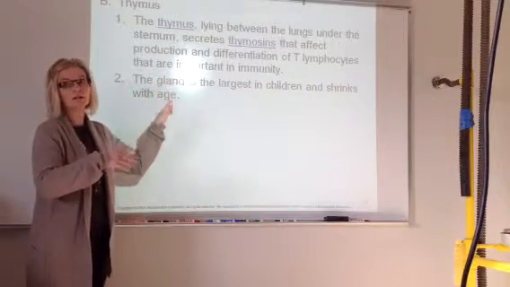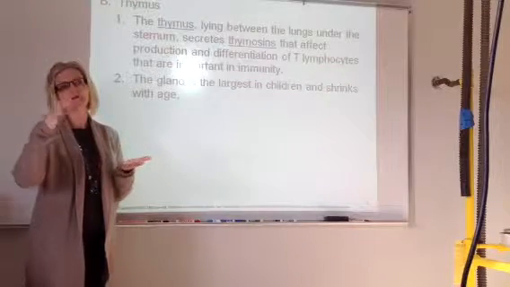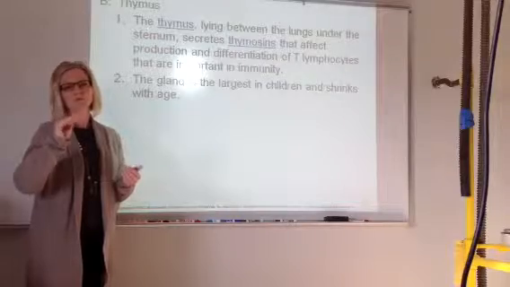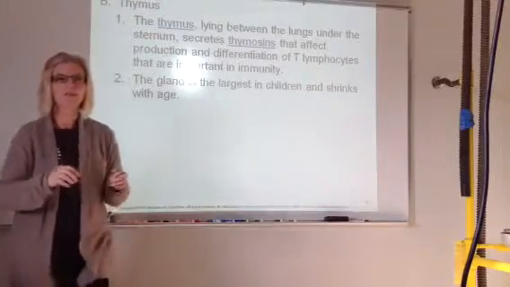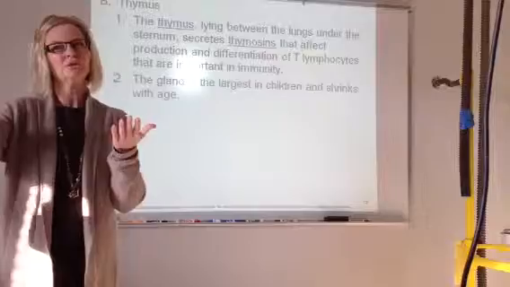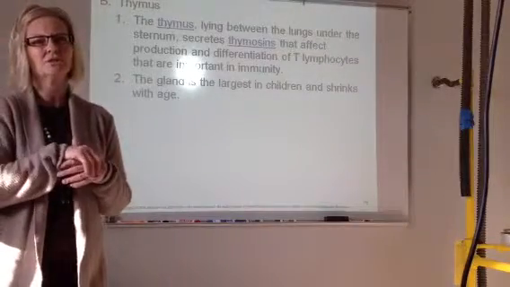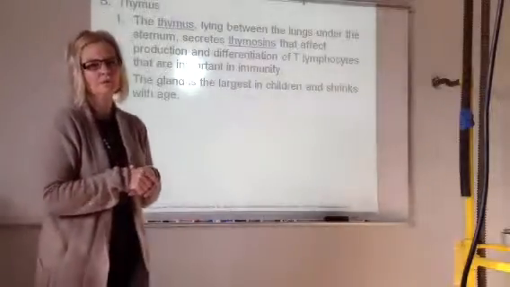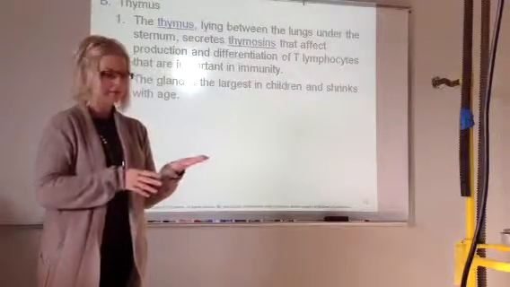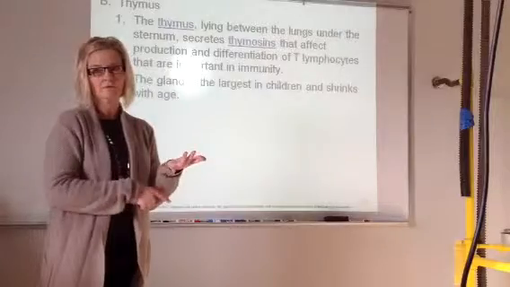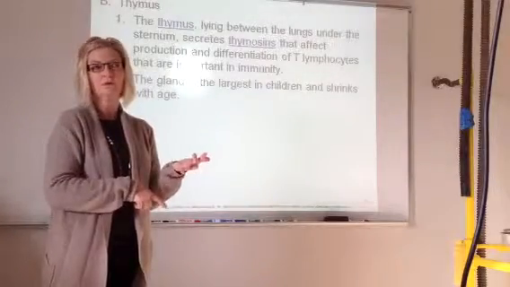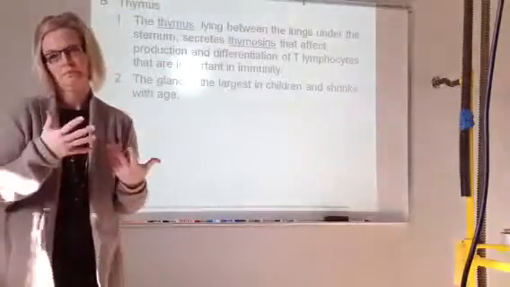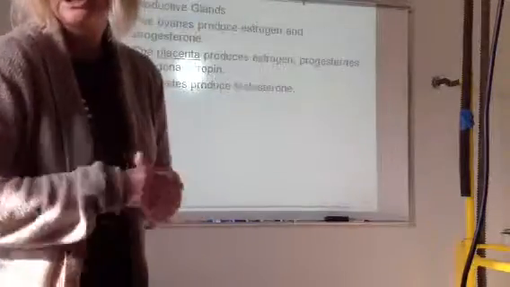And then that immunity should carry on into adulthood. But as you get older, that immunity kind of starts to shrink back down again. Which is why when they talk about flu and deaths from the flu, people that die the most are usually very young children and older adults, because their immunity is not as strong. So that should kind of make sense.